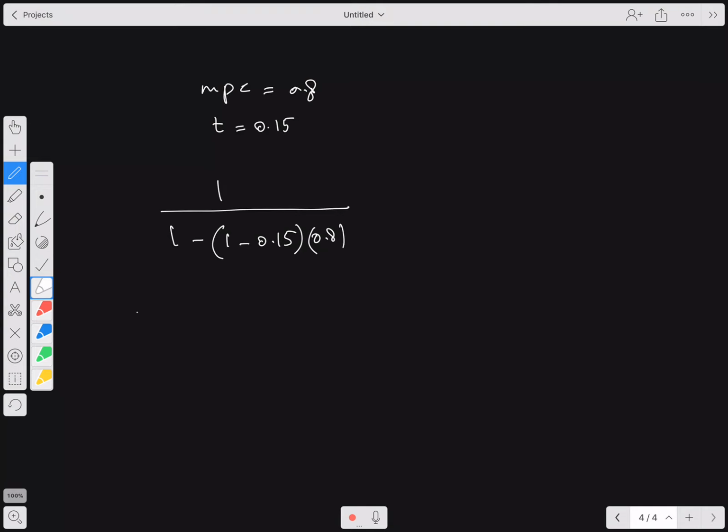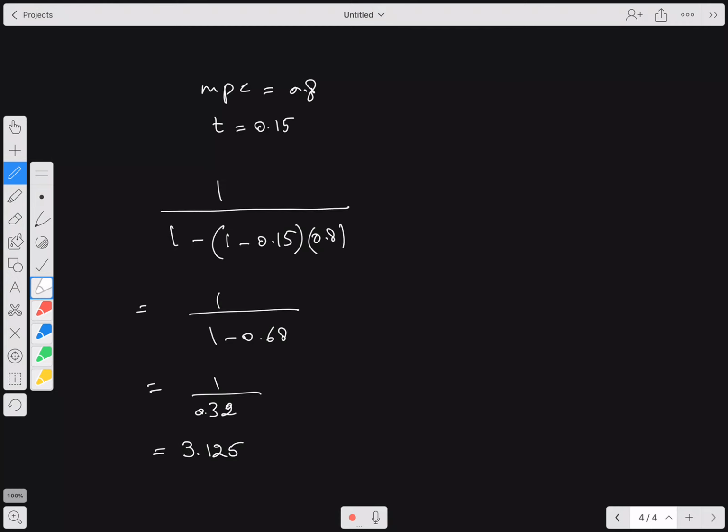This will give you 1 over 1 minus 0.68, which means 1 over 0.32, or the tax multiplier is equal to 3.125.